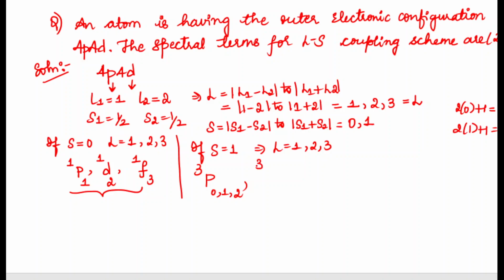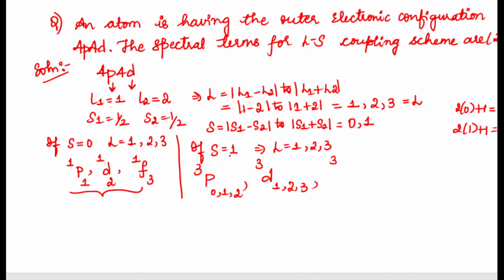Next, again 3, and L equal to 2 means D. So 2 minus 1 is 1 and 2 plus 1 is 3. That's why it will be 1, 2, 3. And again the multiplicity value 2S plus 1 is 3.